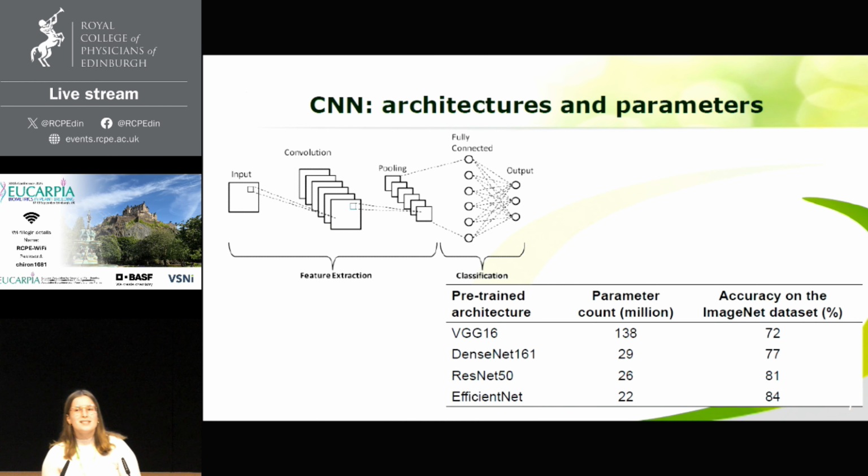There are various optimized architectures available online, which work very well. So I tested 4 of these based on their comparability with previous studies, their number of parameters, and their accuracy on ImageNet, one of the most important benchmark data sets for computer vision.